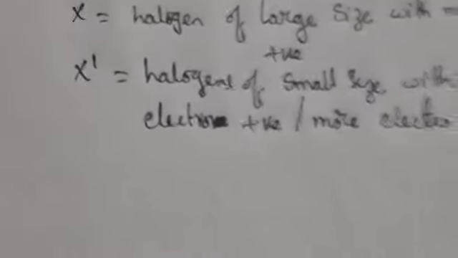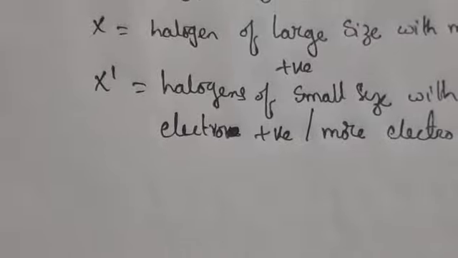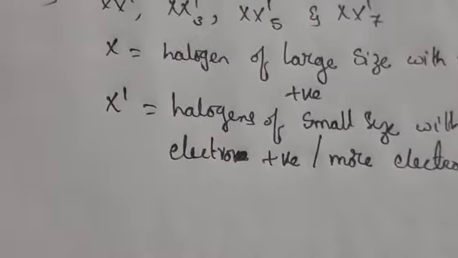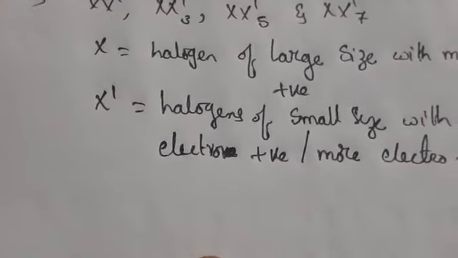And coming to here, the ratio between radii of X and X' increases and the number of atoms per molecule also increases.